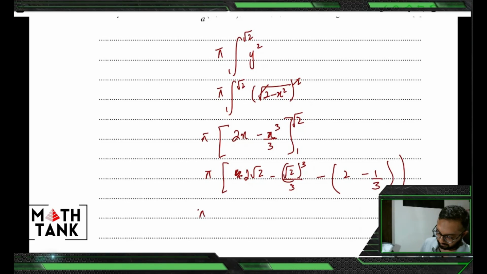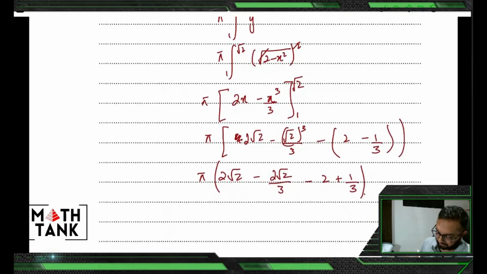Okay, so 2 root 2. Root 2 cubed is basically 2 root 2. There are 3 roots getting multiplied, so 2 of those roots combine together to give you a 2, and the other root remains, so that's 2 root 2 over 3, minus 2 plus 1 over 3.